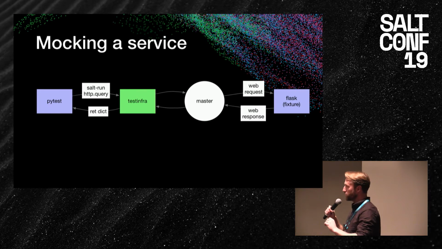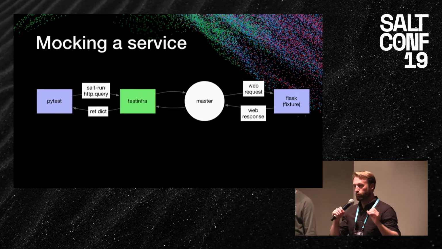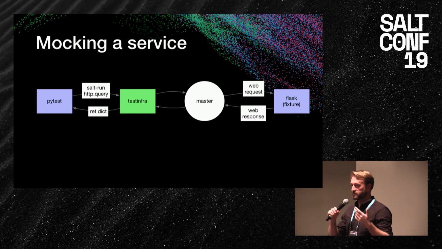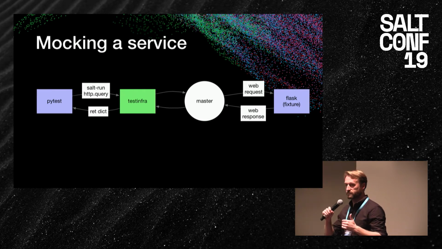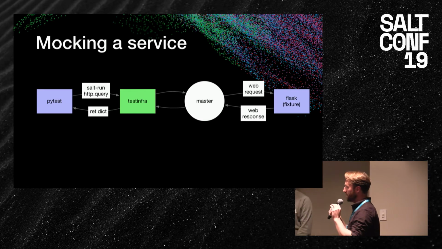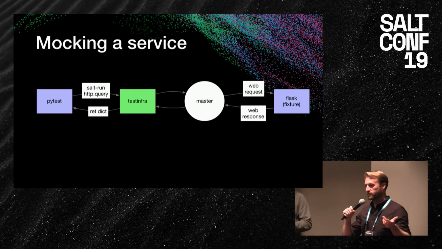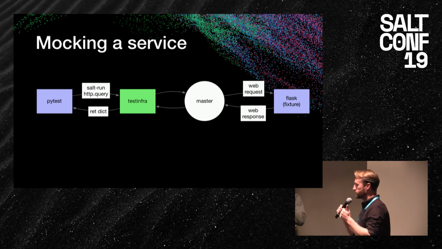But what we're doing is mocking the response of the web service, so we can control a failure, a success, whatever, and write our Pytest to account for that accordingly. And the great part here is, again, all this comes back as structured data. We use the JSON outputter, and then we can start to do our assertions in our Pytest.